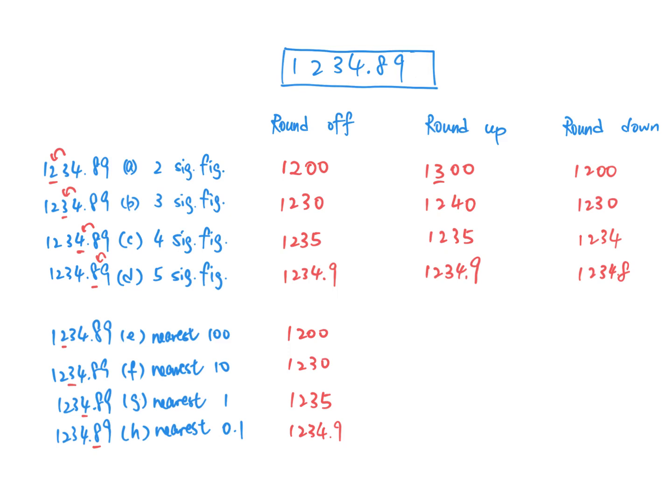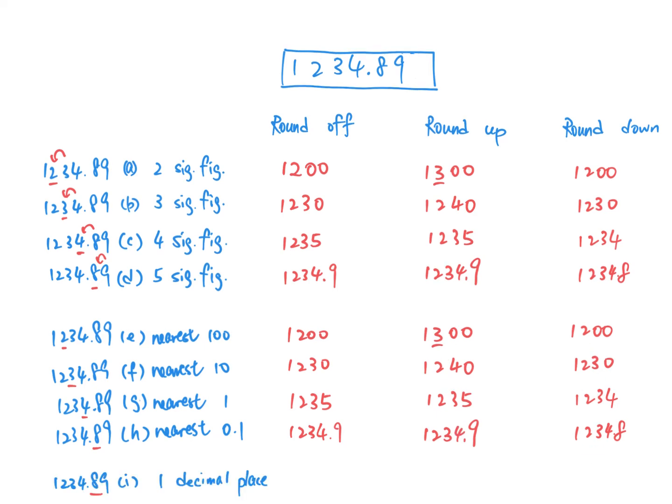You see, it is the same as describing the figure using the two significance figure and the nearest 100, because the same number and the target place value is the same. Same for round up and round down. How about if we need to round off, round up, round down to 1 decimal place?